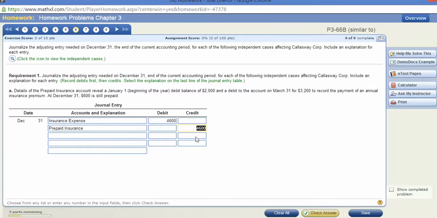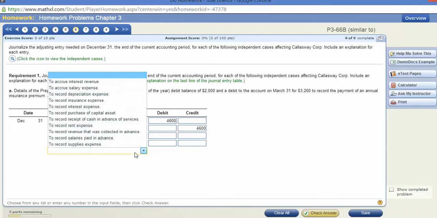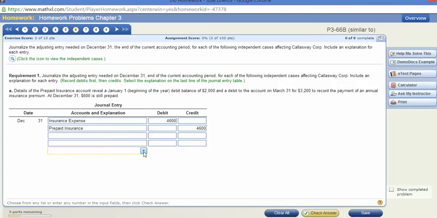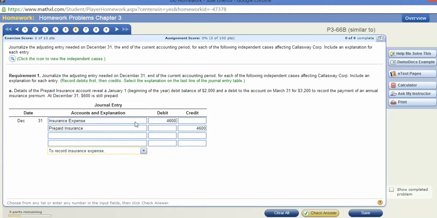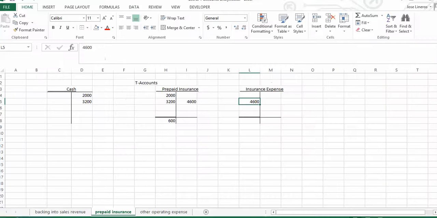Payments to prepaid insurance make it grow, they debit it, and then working off the amount of prepaid insurance makes it a credit. We come down here, and this is to record insurance expense. That's your debit, that's your credit, and this is how you back into and reveal this adjustment that had to happen in that account for you to start at 2,000 and to end at 600.